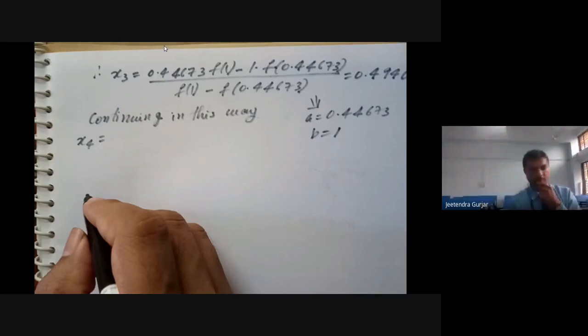Can you tell me what is A and B for x4 approximation? Yes, you can type it in the chat box. What is the A and B for x4 approximation? For x3 I have written, x4 approximation. Okay.